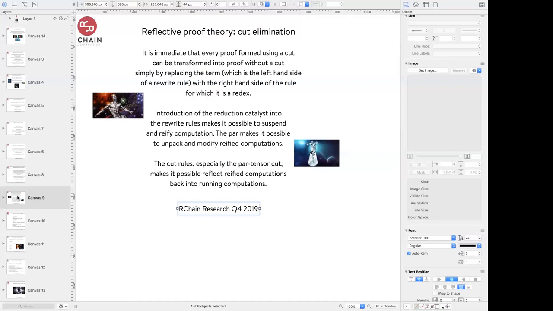So we've done that, and then we've extracted from this a way to significantly speed up the execution of RChain. There's still a lot of work to do, but this is essentially the shape of the work that's been going on over the last, I guess, about 2 or 3 weeks.